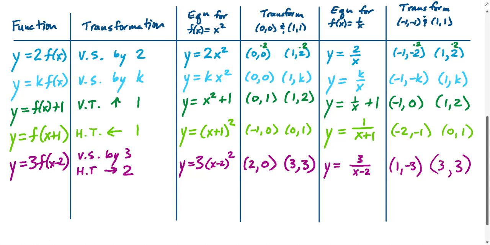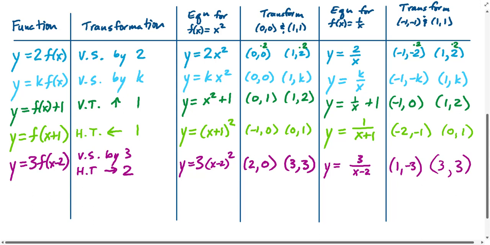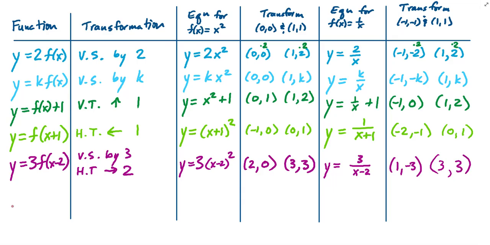Let's look at another one. This time, let's take a look at y equals 3f of 2 onto x minus 1. Now we have 3 parameters. What's going on here?